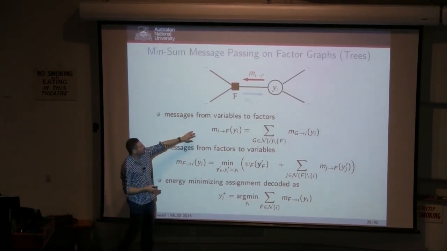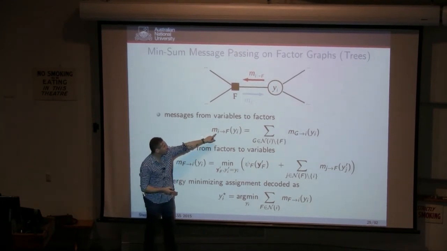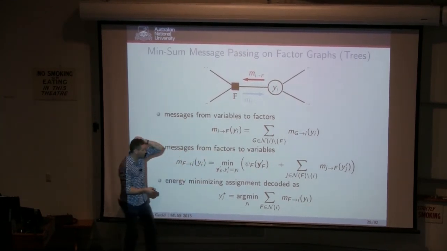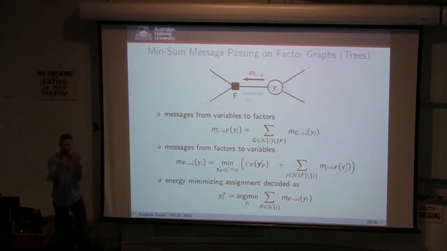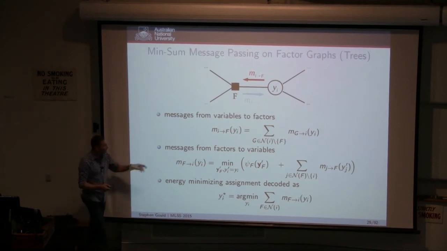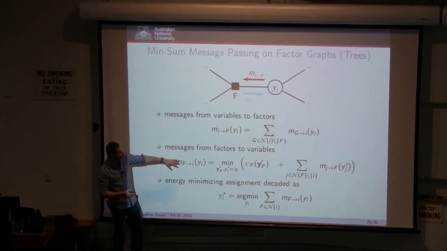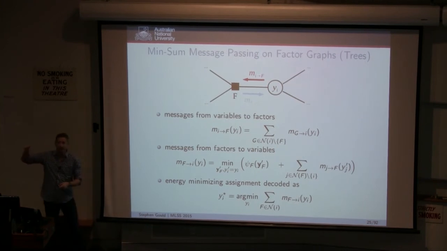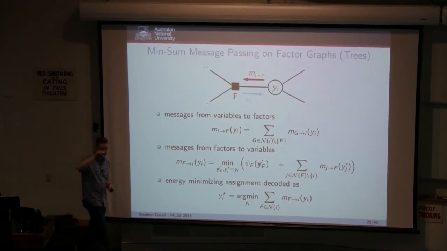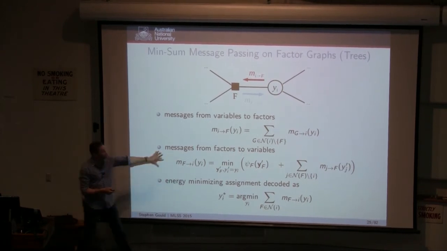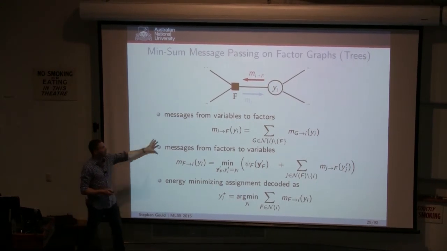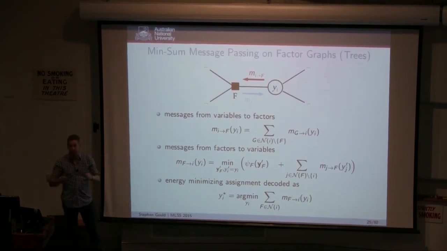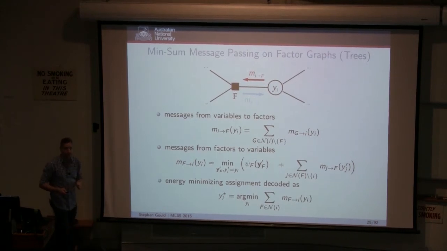Here there's a message from a variable node to a factor, which is basically the sum of all of the messages from other factors into that node. And then there are messages that go from factors to variables, which are exactly the messages that we saw before, where you can think of the variable as a singleton clique, right? And so the main point here is that there's no real distinction between clique trees and factor graphs. As long as you can arrange your factor graph in a tree, you'll have an exact algorithm. Okay?